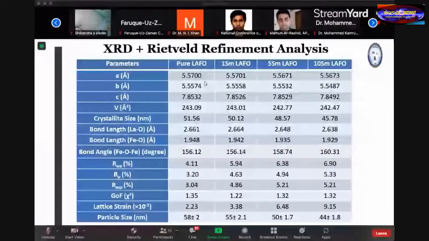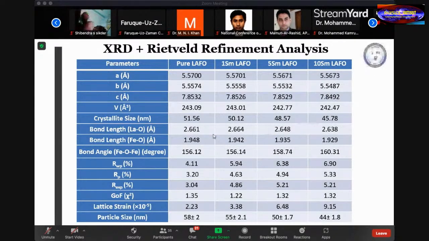We can see that the lattice parameters A, B, C were decreasing with the doping concentration, and the volume is also decreasing, and the crystallite size also decreasing, whereas the bond angle was increasing with the lattice parameter. This can impact the magnetization process.